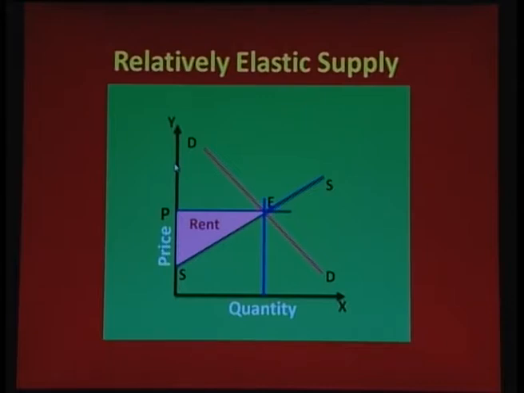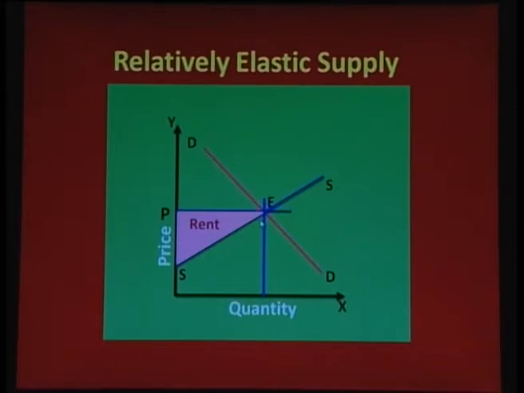Our demand curve is the same, negatively sloped, but the supply curve here is neither horizontal nor straight or perfectly inelastic. It is relatively elastic. It could be relatively inelastic also. Now, depending on the elasticity of this supply curve, the rent will be fixed.